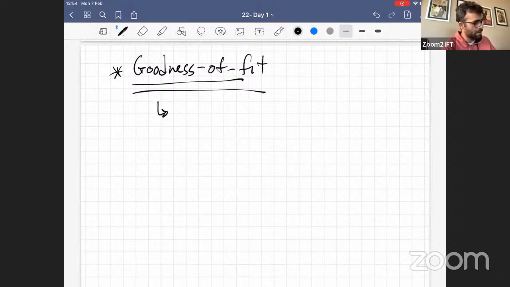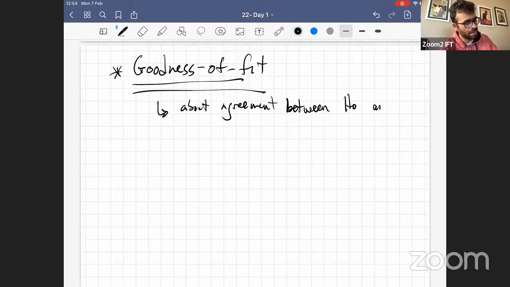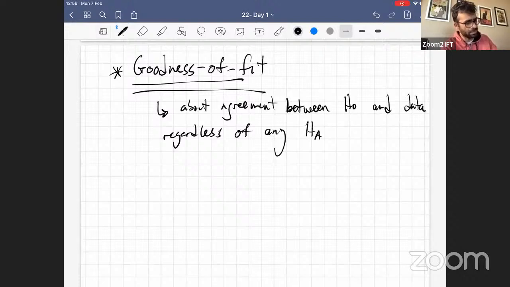So this is just about agreement between H0 and the data, regardless of any possible different hypotheses.